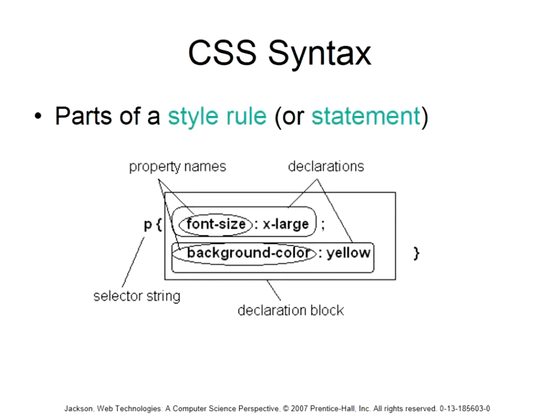So to create a rule, we must use a selector string. After that, this is the begin of the rule, this is the end, and between the begin and the end we have property: value declaration.